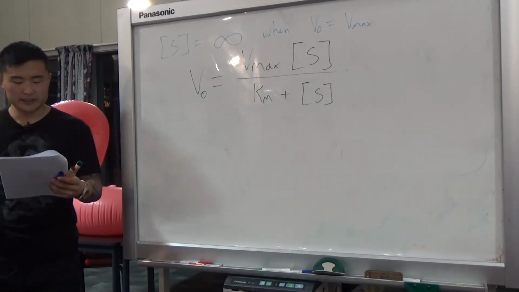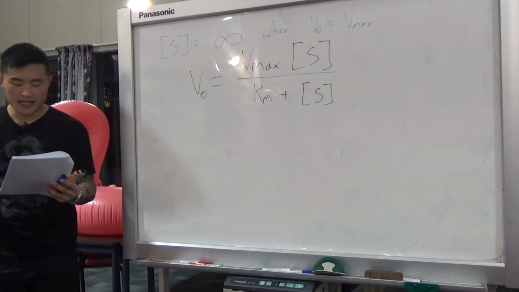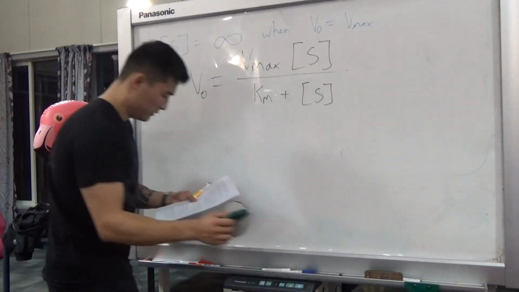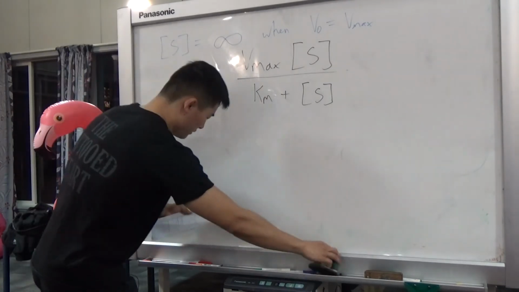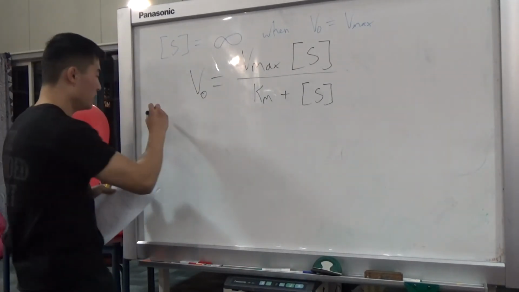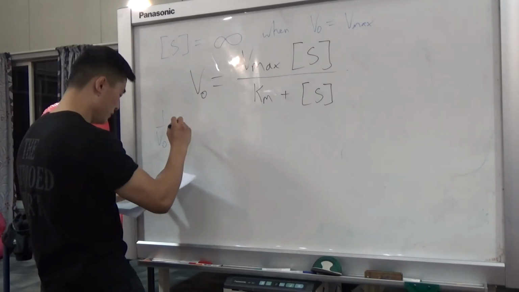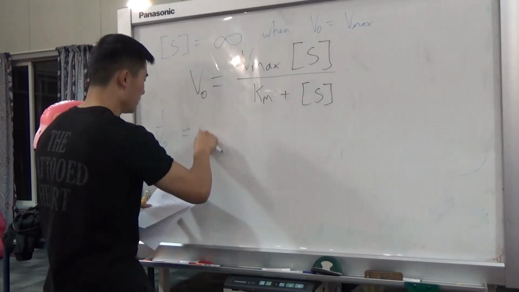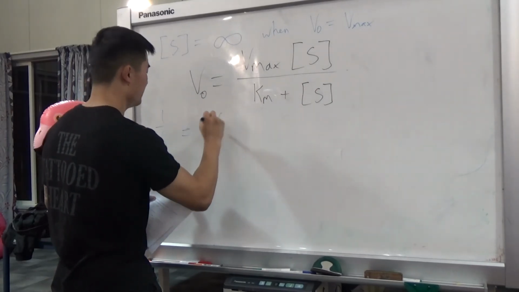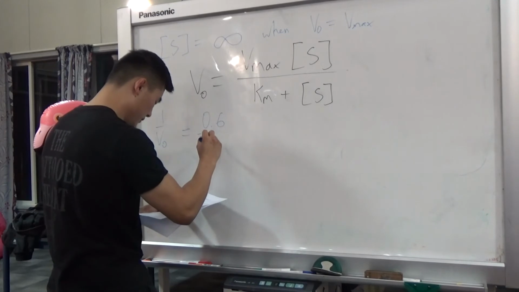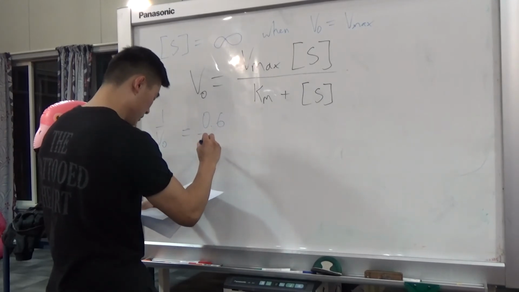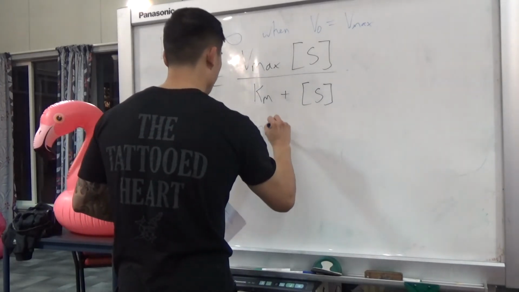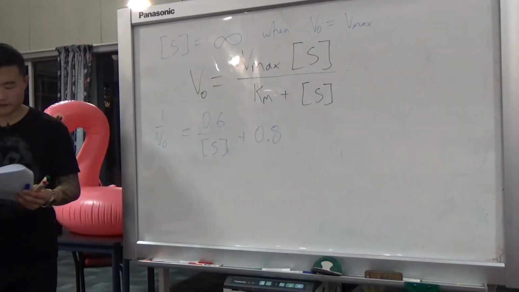So if the equation of a Lineweaver-Burk plot is 1 over V0 is equal to 0.6 over the substrate concentration plus 0.8, and they ask you what the Vmax is.